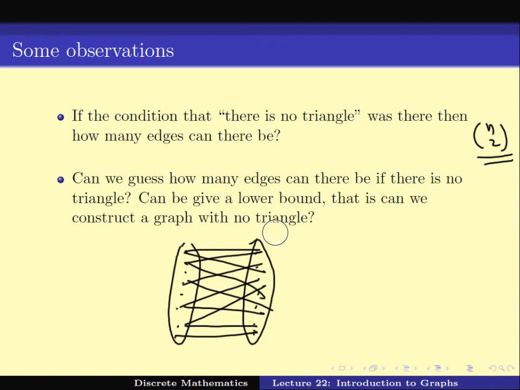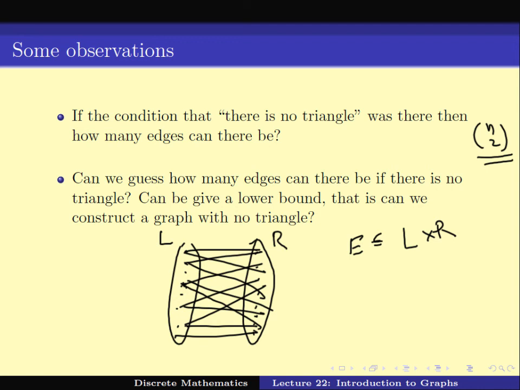Usually they are named left and right. Each of them has n vertices, and the edge set can be the complete set, or a subset of the complete set between L and R. So between any two vertices, one from left and one from right, I can draw an edge.